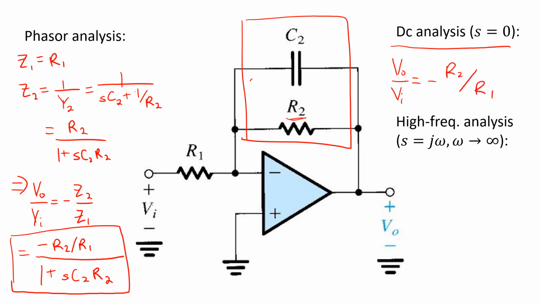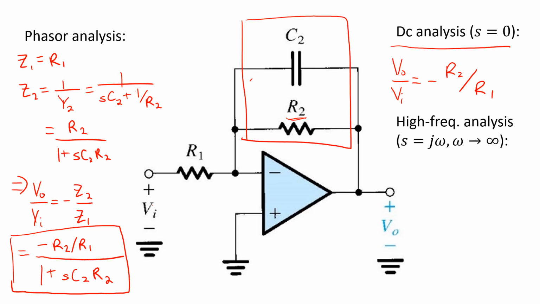Now this is satisfying since it's the exact same result we would have got by considering the circuit schematic directly at DC. At DC, we could neglect this capacitance as an open circuit and we'd simply be left with the inverting configuration with a gain of negative R2 over R1. So that's good confirmation that our analysis is correct at DC at least.